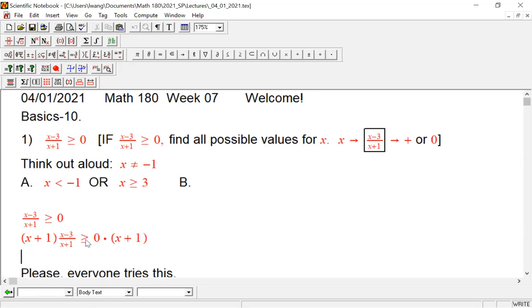And what do you do with the inequality sign? Does it stay the same when you do the multiplication? It should stay the same. Okay. All right, and then what do you do?